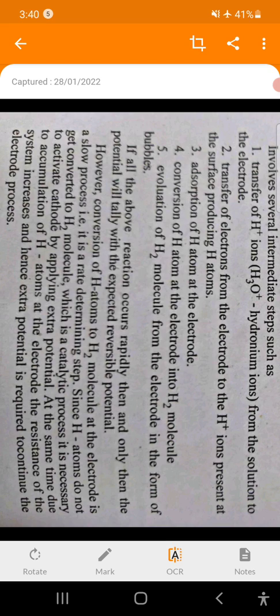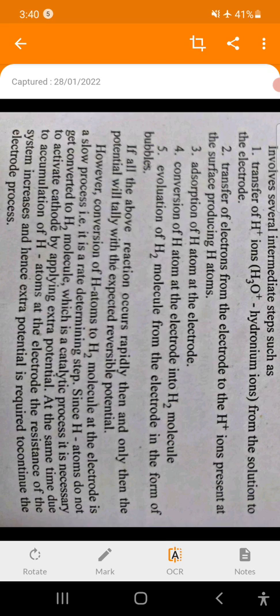Tafel explained that out of the above four steps, the third step, where an H atom combines with an adjacent H atom and forms an H2 molecule on the surface of the metal cathode, is difficult, and therefore evolution of gases results in development of overvoltage.